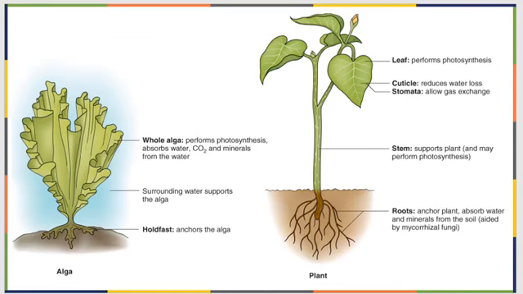Plants had to have some major adaptations to make their way from living underwater to living on land. Here you can see a few major differences. On the left-hand side, you see an algae. For the whole algae, the entire thing performs photosynthesis. The whole thing can absorb water and CO2, and minerals can enter directly from the surrounding liquid. There's also water surrounding the plant that's supporting it.